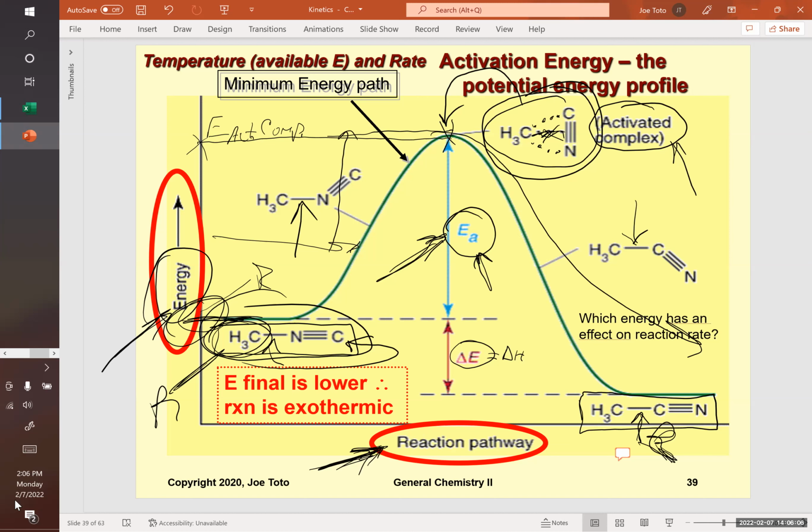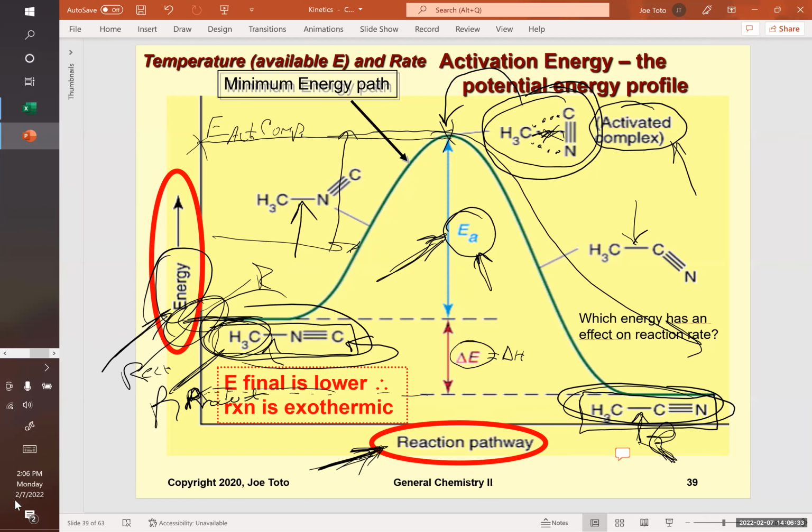I can see this is an exothermic reaction because the energy of the product here, which I would find by bringing a line over here, versus the energy up here of the reactant, I could see that it goes down.